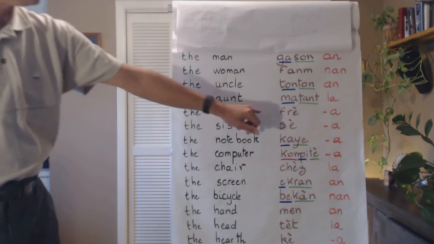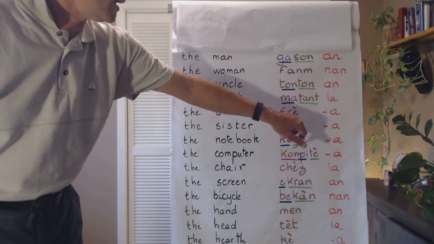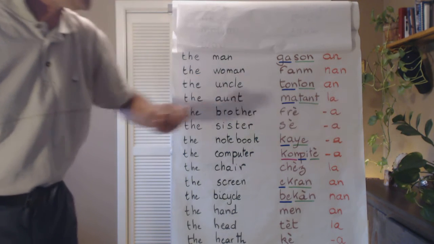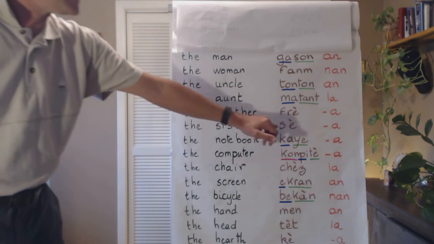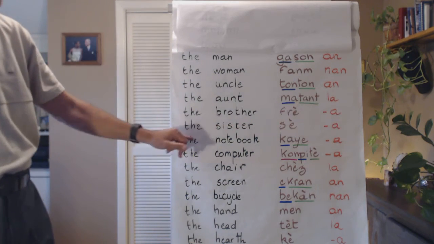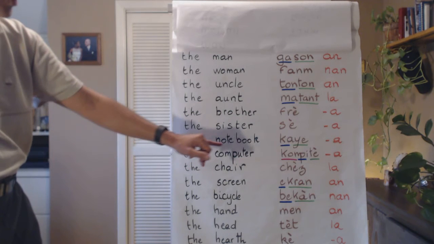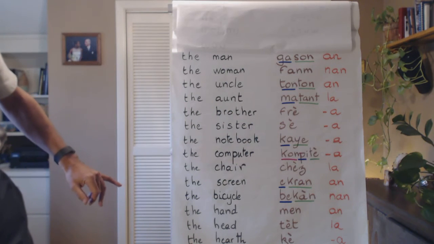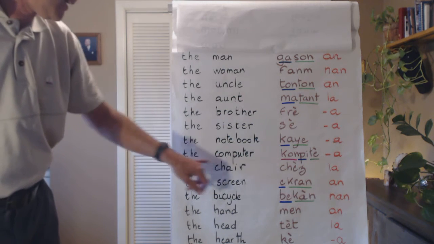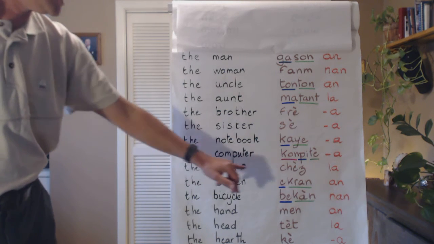The brother, frère, this is a vowel, e. Therefore it's a. The sister, sœur. The notebook, cahier. The computer, computer. Now, the chair, chaise la.